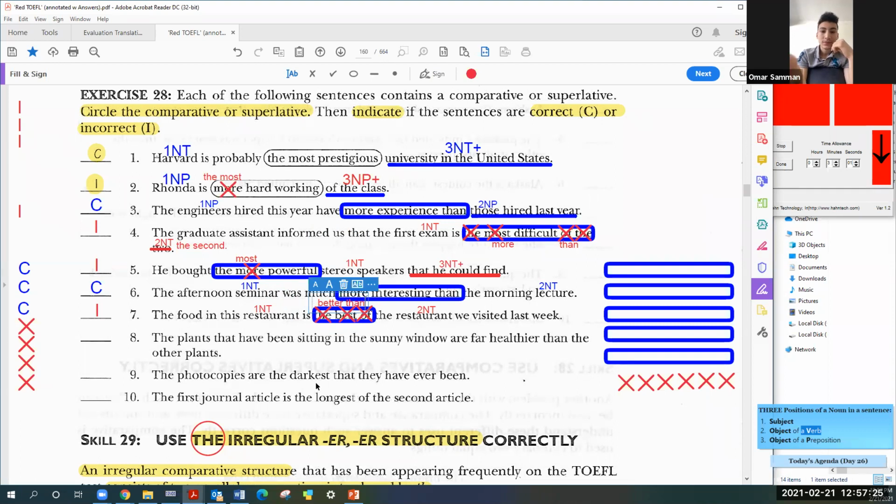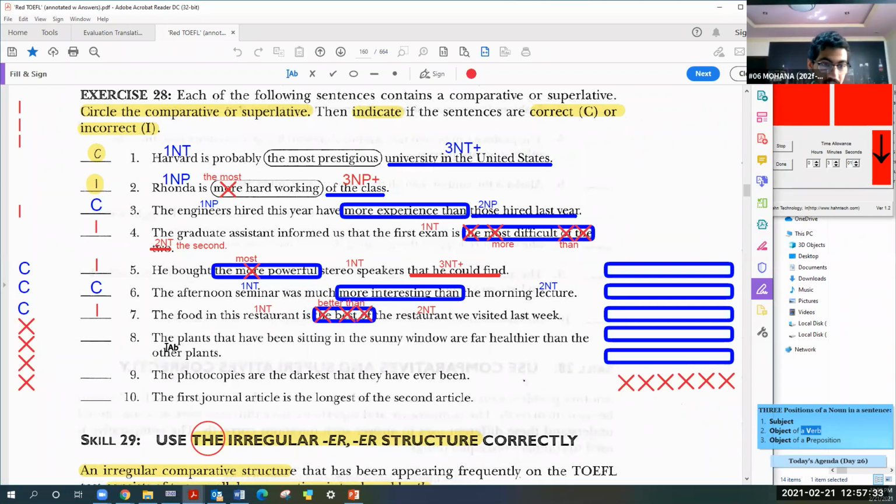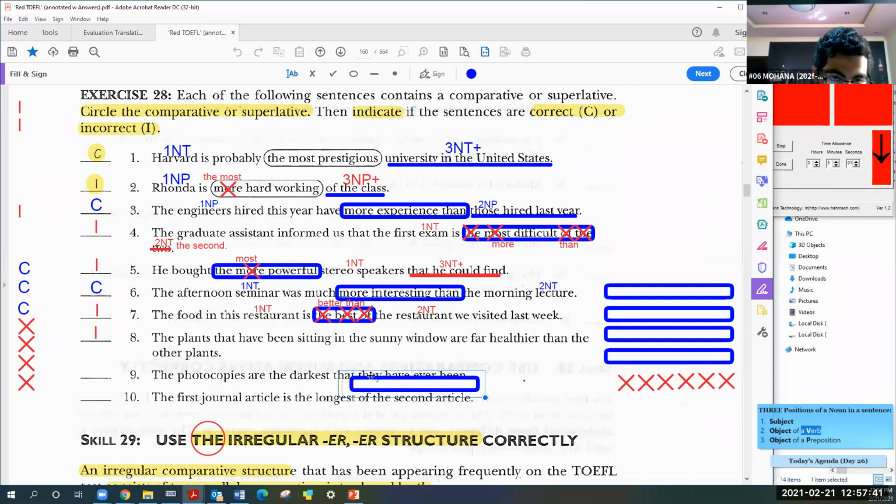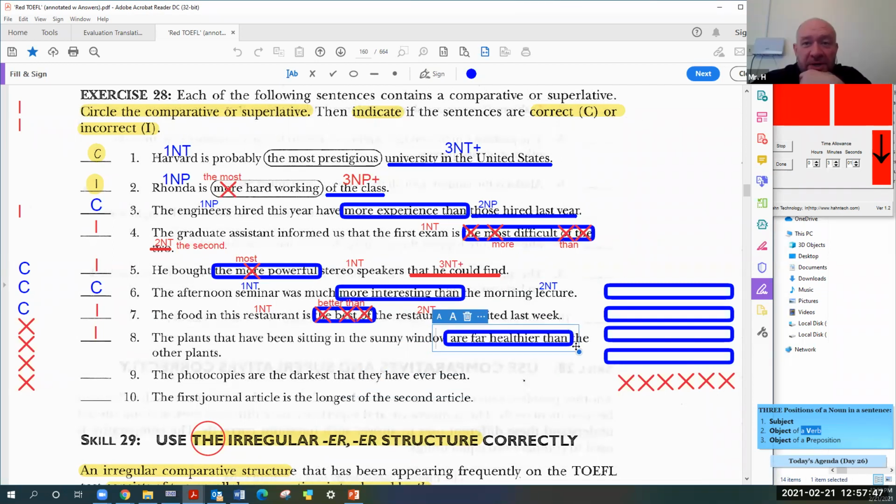Yeah, no problem. Okay. Mohana, number 8. It's, I think, incorrect. Incorrect? Where do I put the circle? Are healthier. Are far healthier than. Here it is. So it's a comparative, right?